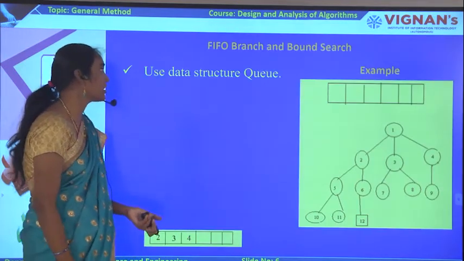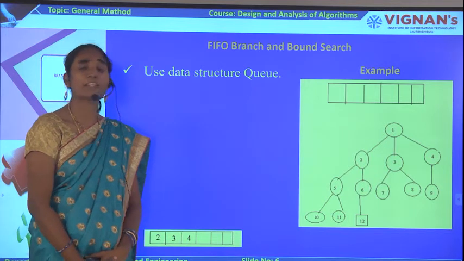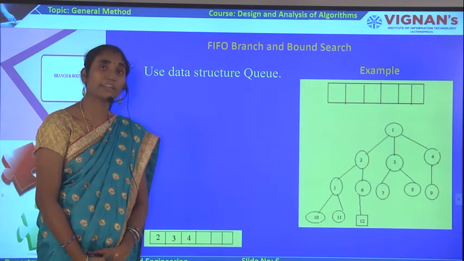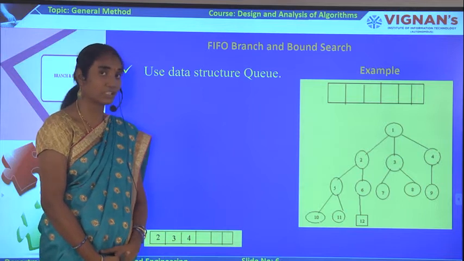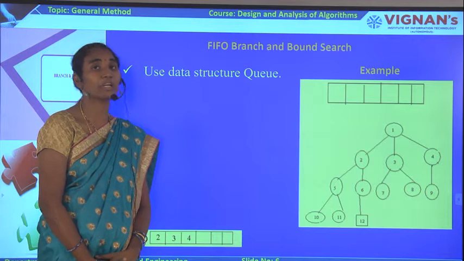Now let's see the first one, FIFO branch and bound. The FIFO principle is generally used by the queue data structure, so here we are utilizing a queue.